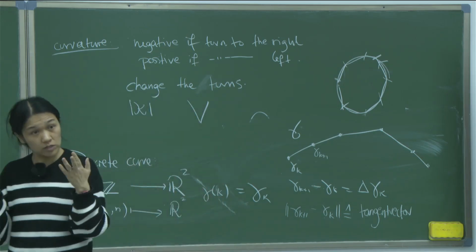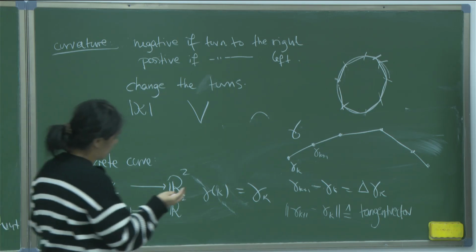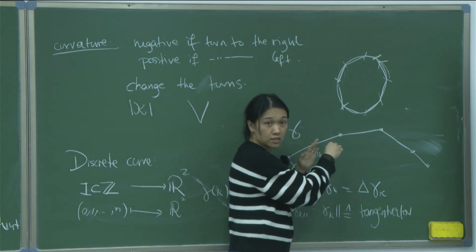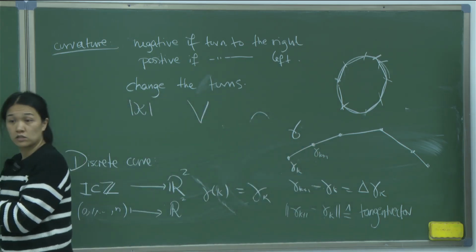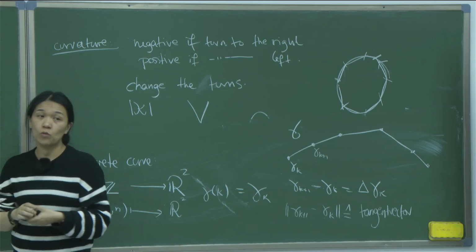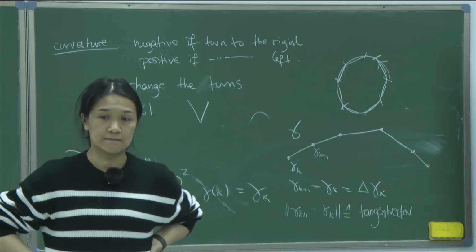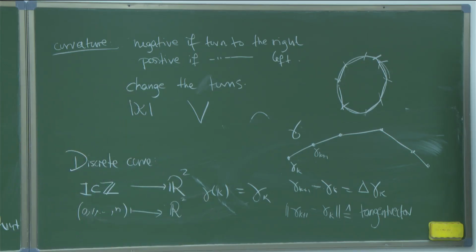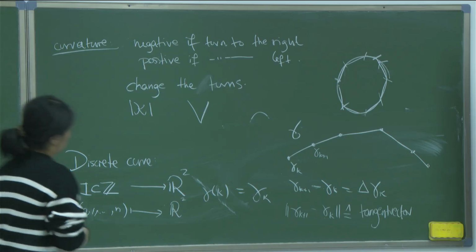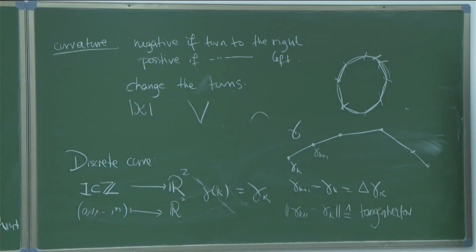But the question now is, how would you do curvature? We don't have a smooth curve, right? We have these edges and we have these vertices. And now we want something similar to the smooth case. Instead of thinking of rotation, you think of the circle between them, the radius of the circle. The circle can be given by 3 points.